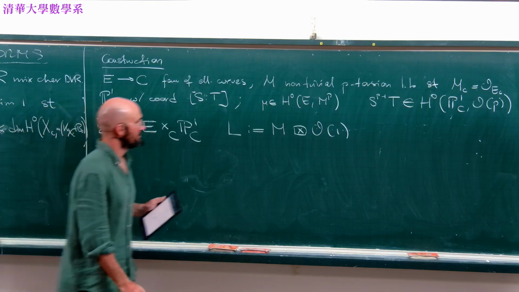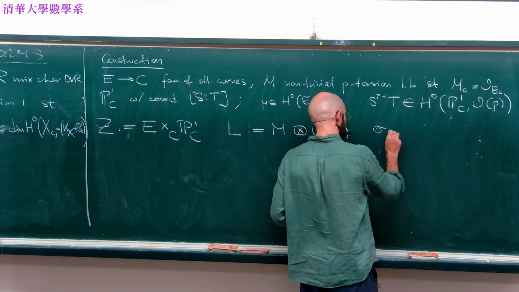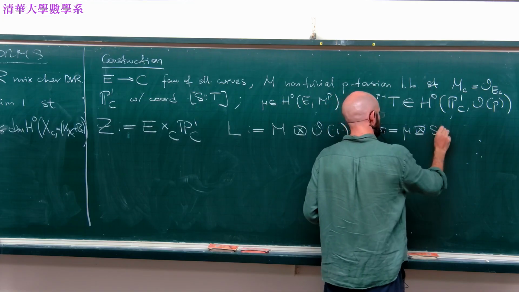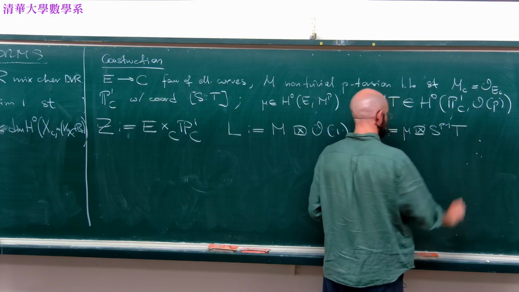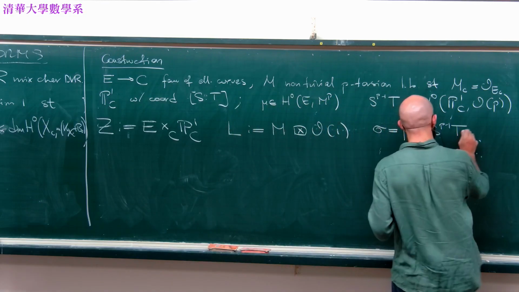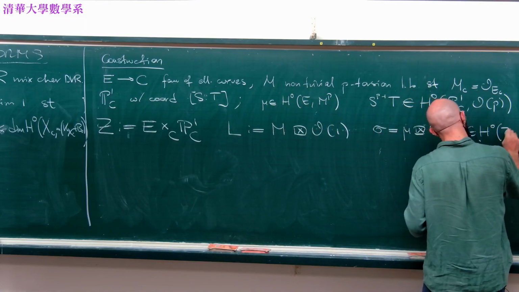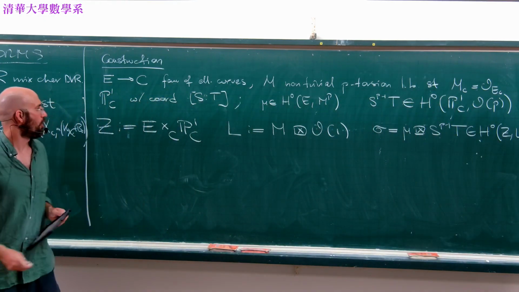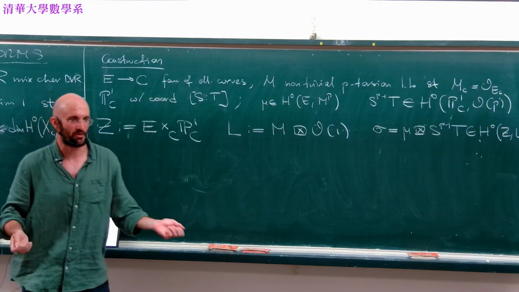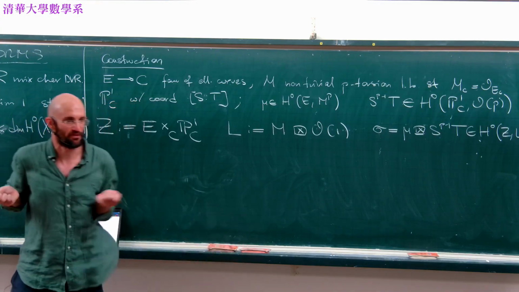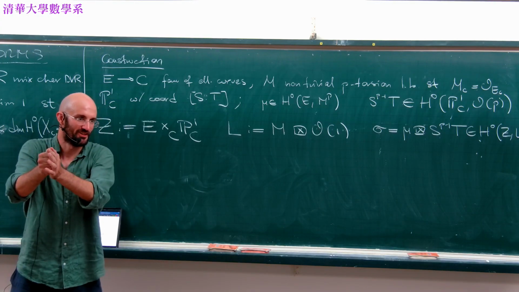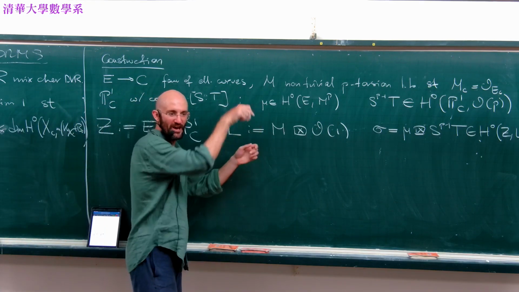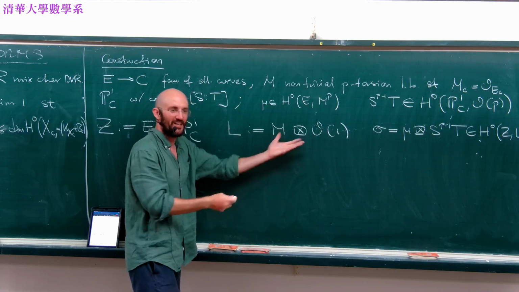And I take a section, sigma, which is mu box product with S^(p-1) times T. So this is a section in L to the p on Z. This is just short for saying, it's a product: I pull back from one factor, I pull back from the other, and I take the tensor. I should write projection 1 pull back, tensor projection 2 pull back.